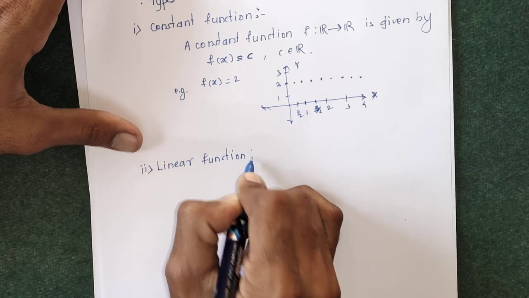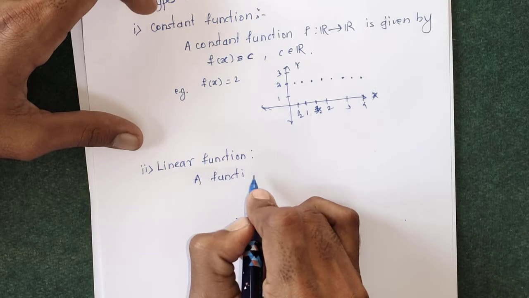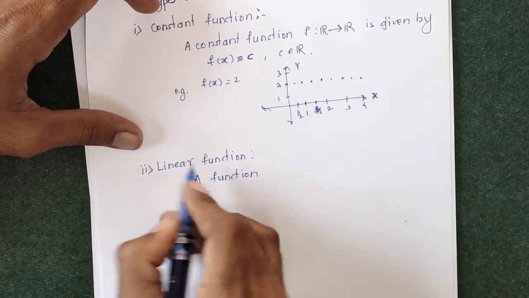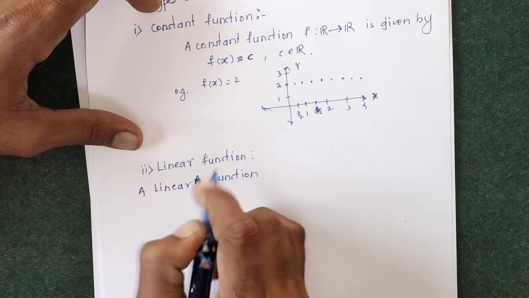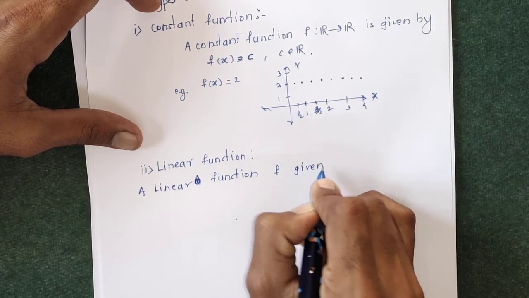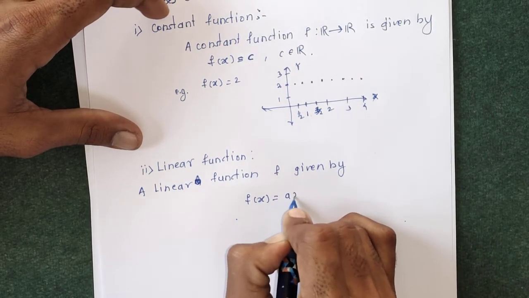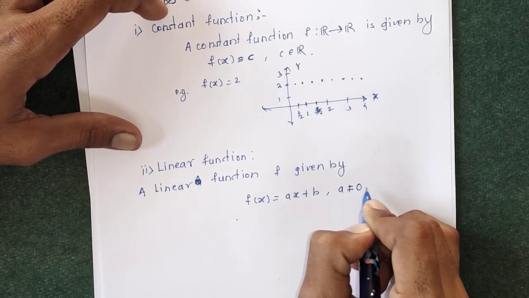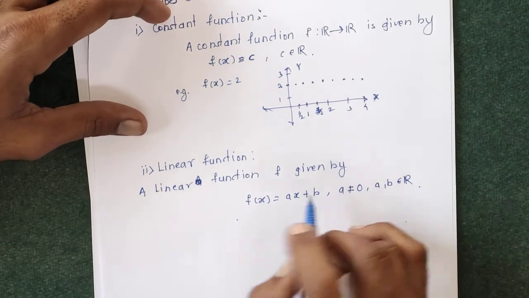Linear function. A linear function f is given by f of x is equal to ax plus b, where a is a non-zero real number and b is also a real number.